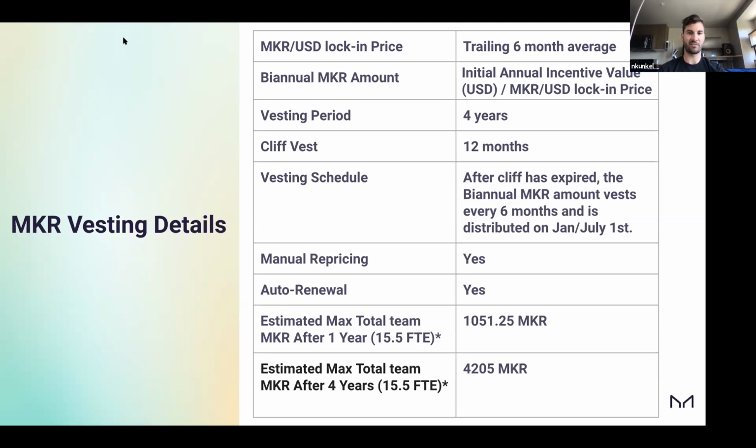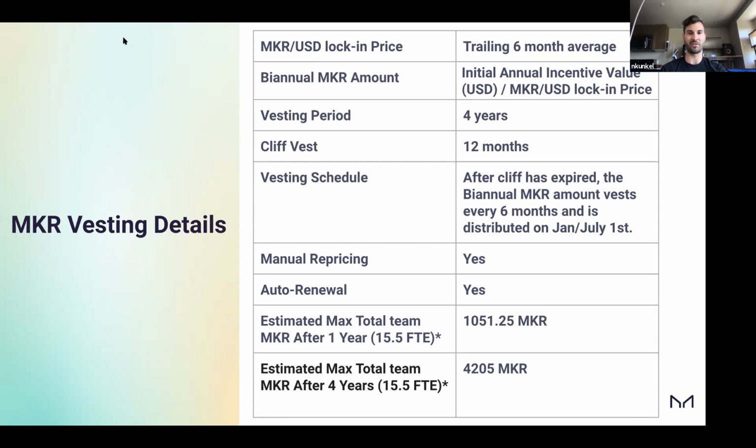So the maximum, and this is an estimate, and this is actually probably quite an extreme estimate on the high side, is what is the maximum total MKR that this core unit would need after 1 year, given the algorithm model that we proposed earlier.